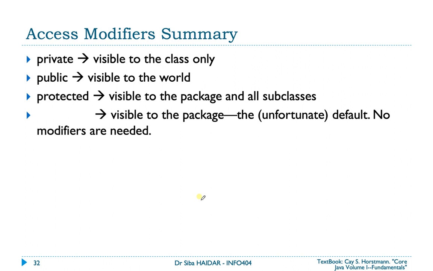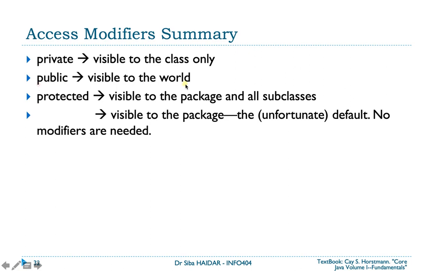Access modifier summary: use private. This means the feature is visible only to the class. As I said, for instance fields mainly, and for private methods which are used only inside this class. Nobody needs to know about them, like helper methods, methods that are very close to the internal implementation of the class.